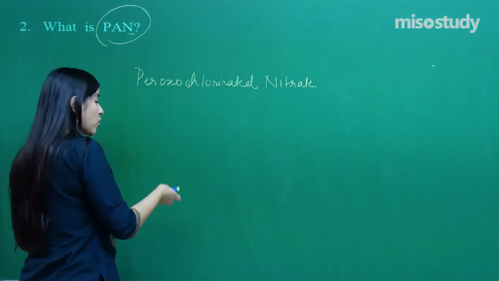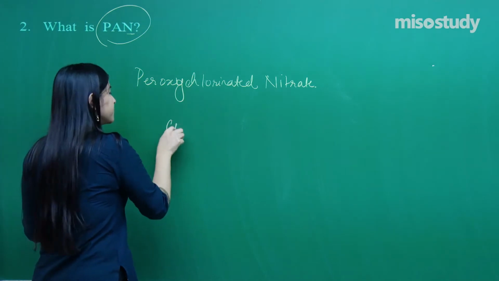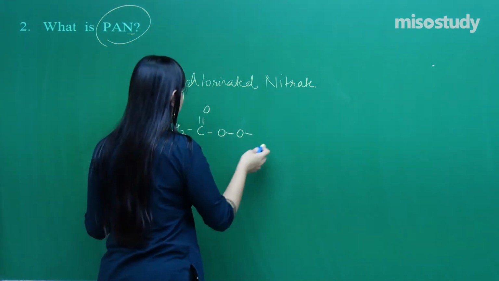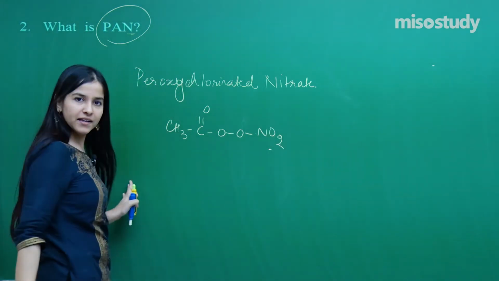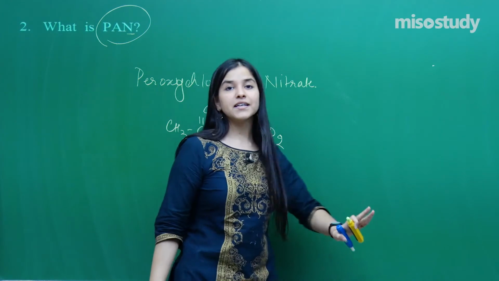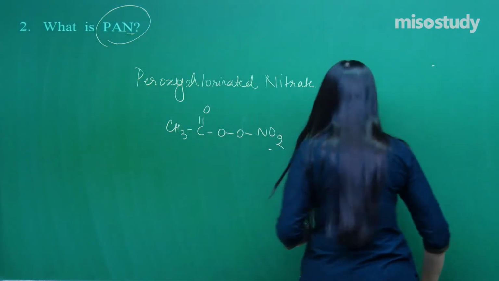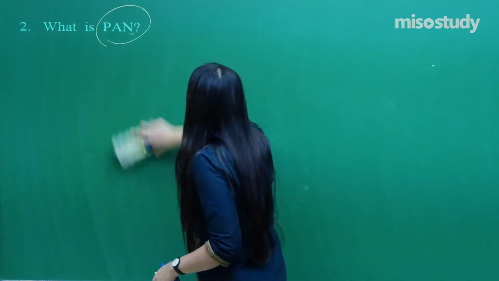Here is the structure of it, with a nitrate group. This is a secondary pollutant in photochemical smog, if you remember. Okay, now let's move on further.